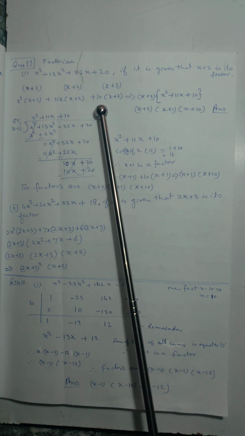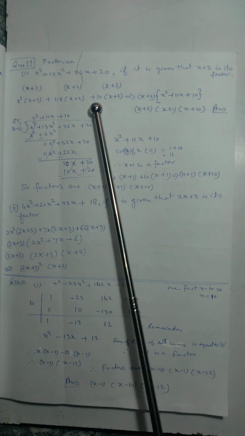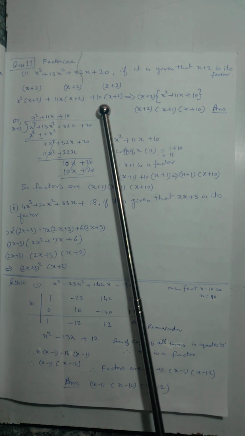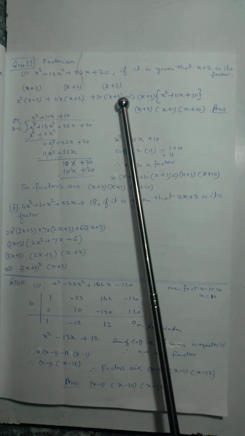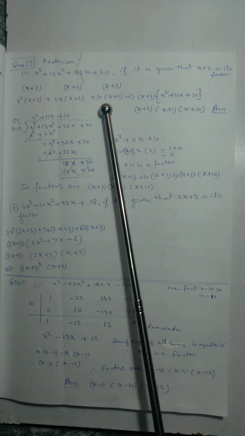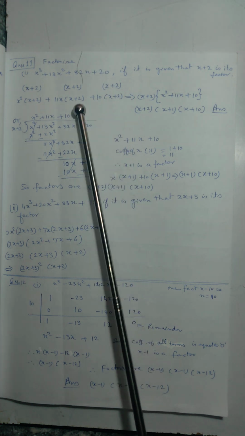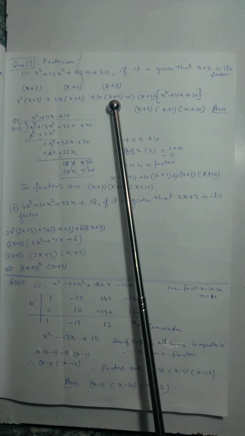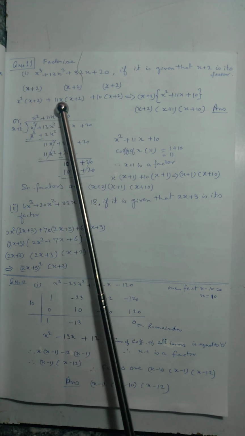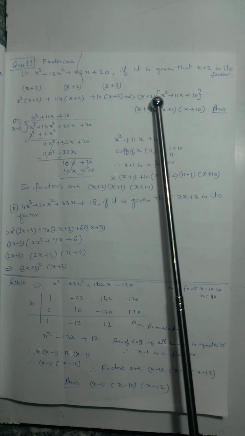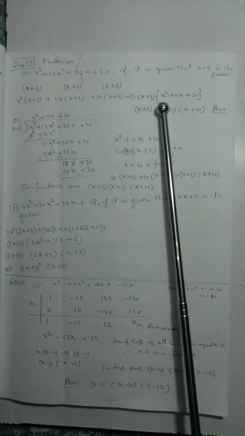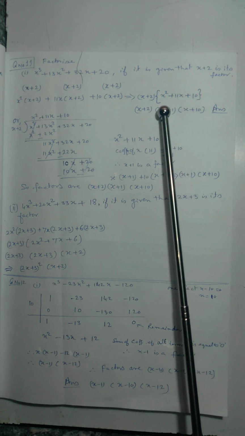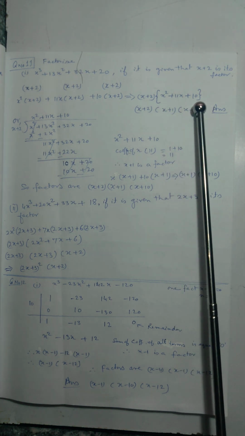So you need 10 more, so plus 10x, and 10 into 2 gives 20 also, and 10x. While you add it, you will get the same thing. So after arranging like this, I have taken x plus 2 common. So we are left with, in the second bracket, x square plus 11x plus 10.